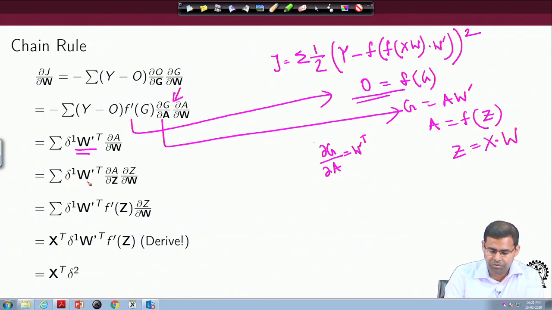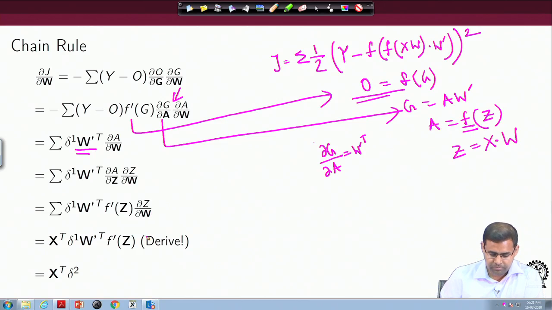So, that is what we get, and then I have del A del W. So, now I will break this del A del W further to del A del Z and del Z del W. So, what is del A del Z? As you can see, A is equal to f of z, again I have an activation function, and del A del Z is going to give me the differentiation of that activation function, right. So, that is again f prime of z, right, and then I have del Z del W, right.